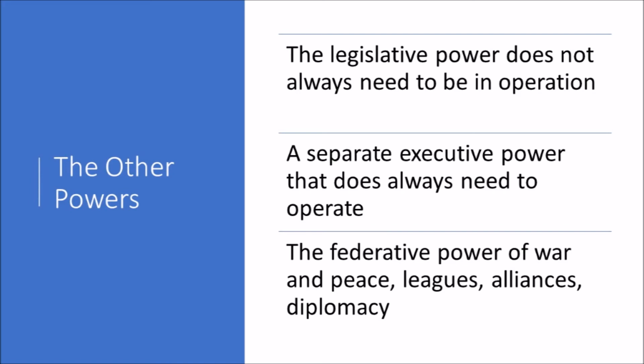And it's unclear if he stands strongly for the combination of the executive and federative power. He does say the executive and federative power of every community, though really distinct in themselves, yet they are hardly to be separated and placed at the same time in the hands of distinct persons.